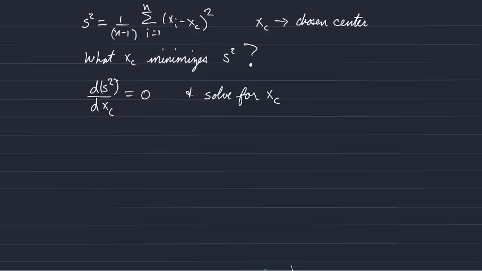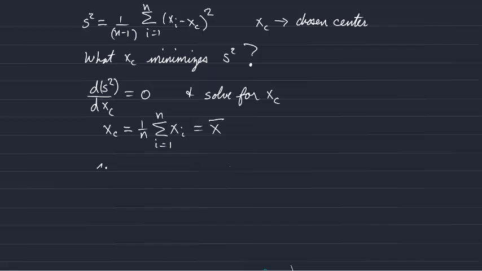And you can work through Wessel's notes to do that, on page 29, but what you find is that xc is equal to 1 over n times the sum of all the points in the sample. And that's equal to x bar, the mean.